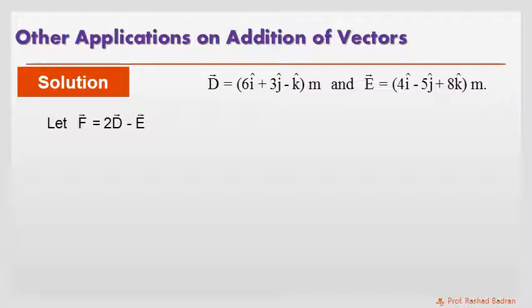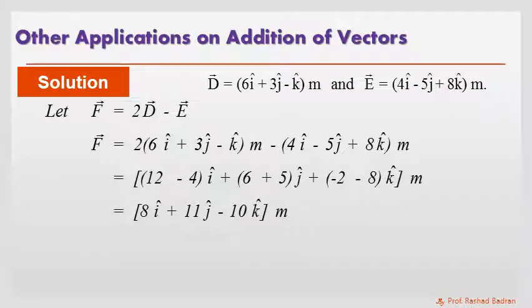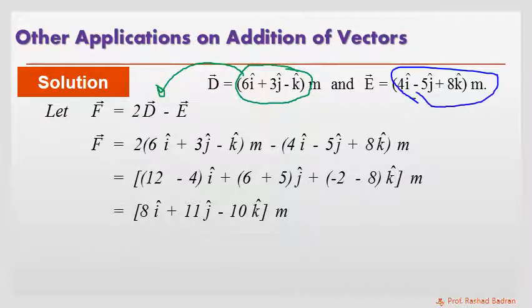So our target is to get the magnitude of this f. To do that, let us substitute d in here into our equation, and then also substitute e into here. Then we'll get this.